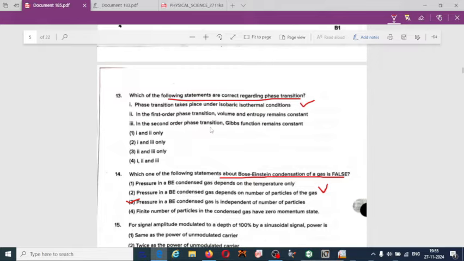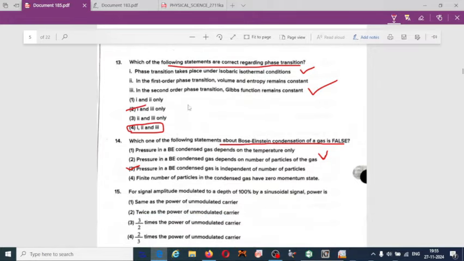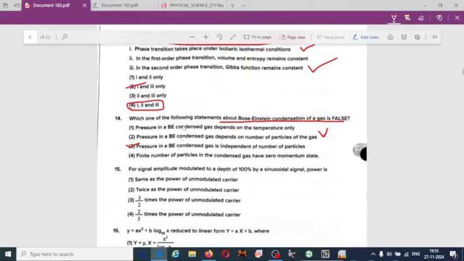In the second order phase transition, Gibbs function remains constant. Both are correct, but from the answer key they have given option 4, but the correct answer is 1 and 3. You must again verify that because volume and entropy change in first order phase transition.